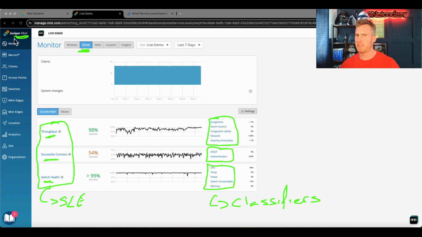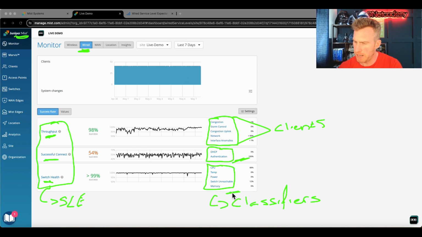The AI is really simplifying all of that data into human readable, human actionable, human friendly data: what's happening on the network, what's impacting those clients, and what you actually need to do. So if we look at throughput here, these are the service level expectations and the classifiers that are impacting those clients. And it's the same for successful connects and even switch health.